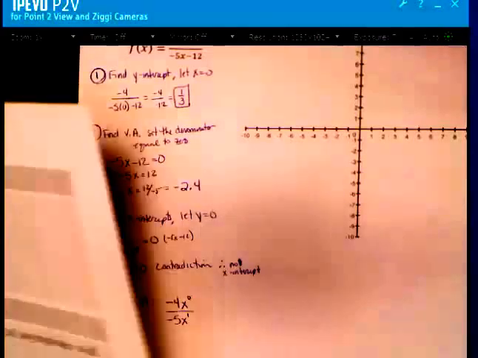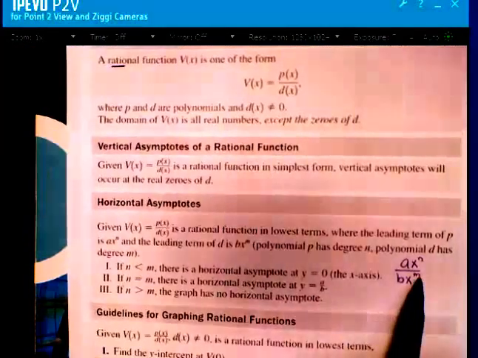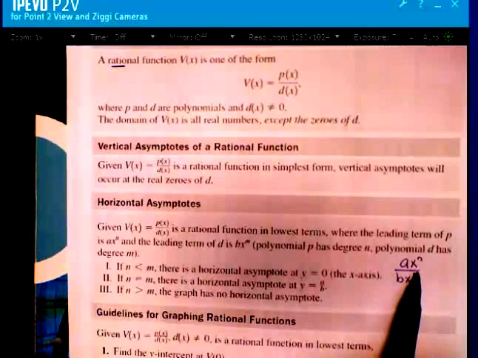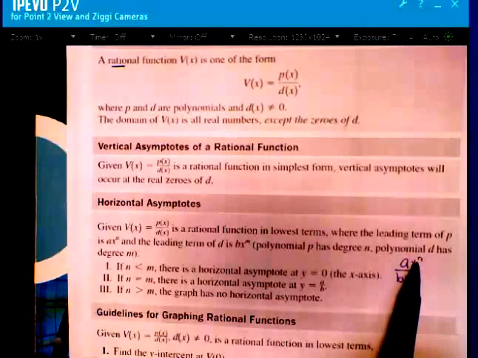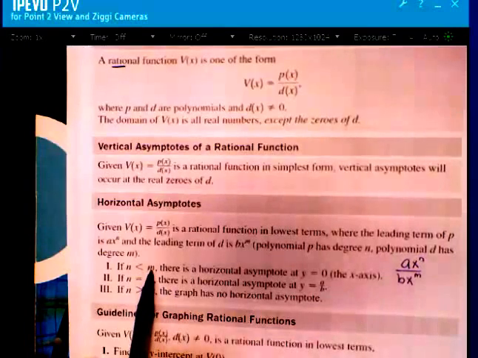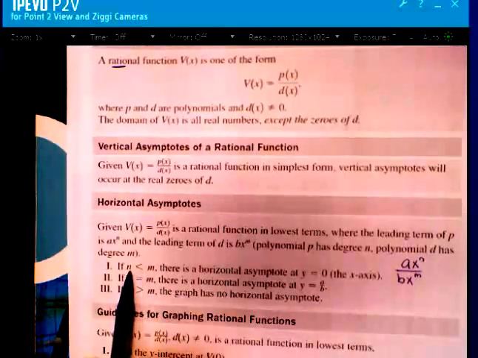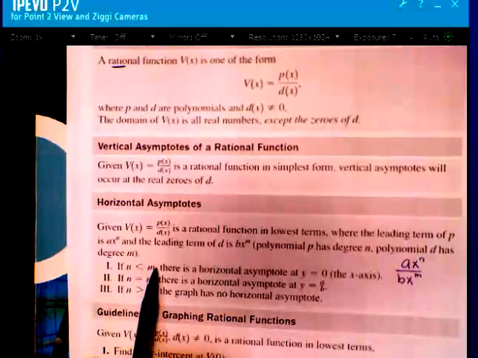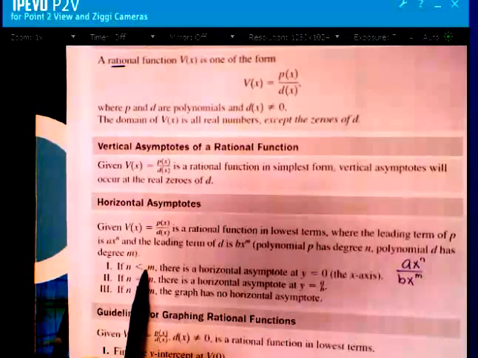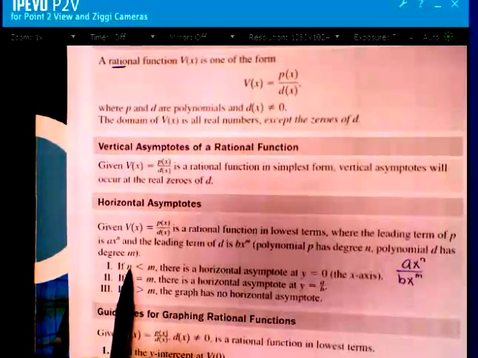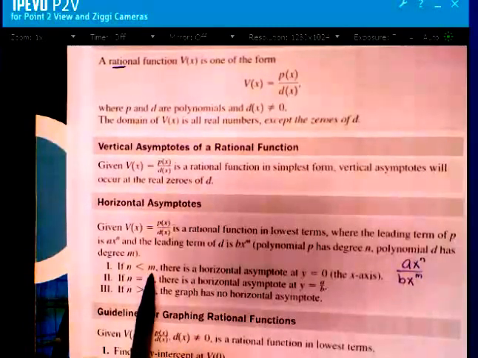So looking at this right here, the exponent in the denominator was 1, the exponent in the numerator was 0. So that means that m was greater than n. So our denominator exponent was greater than our numerator exponent. Or we could say that the numerator exponent was less than our denominator exponent.